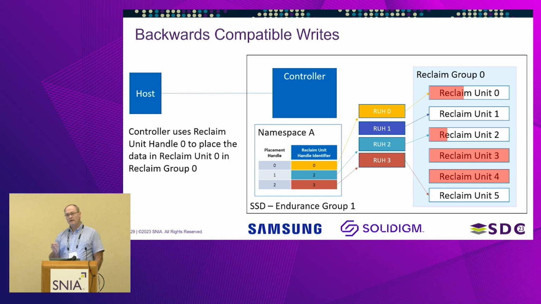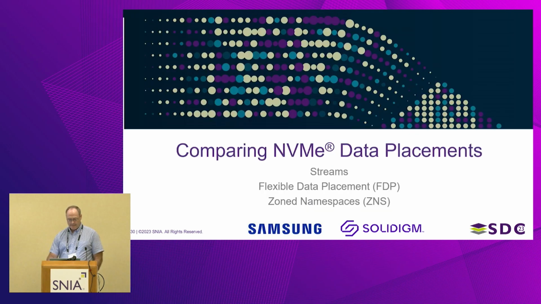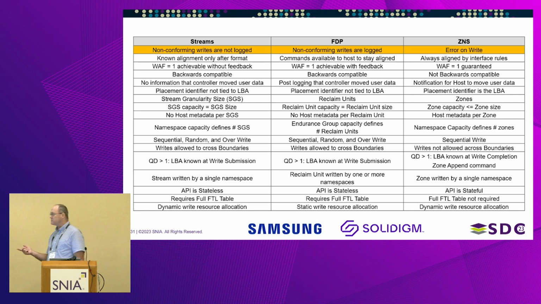So if I create an FDP capable SSD, plug it into a server, I take all my namespaces, and I give them the same RUH to run and use, it works as though a conventional SSD today. There is no difference. It's kind of what we do today. So it's backwards compatible. So it just works. Put this table together here.